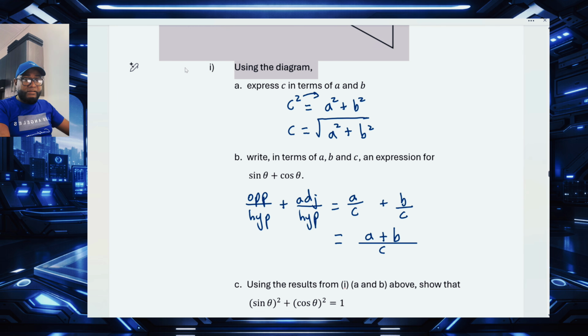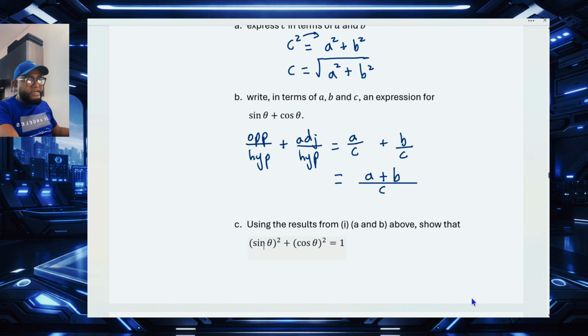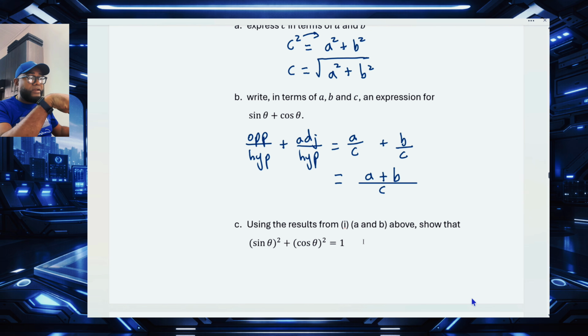The last part is saying, using the result from part 1, A and B, show that sine theta squared plus cos theta squared is equal to 1.